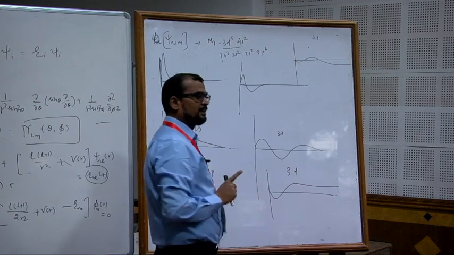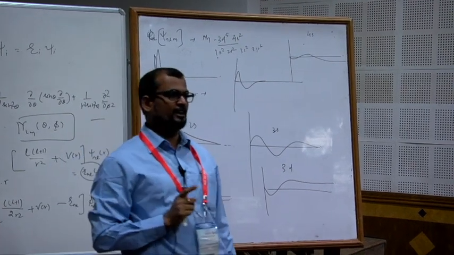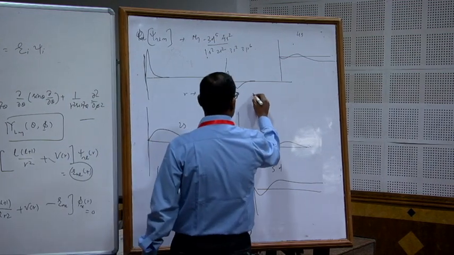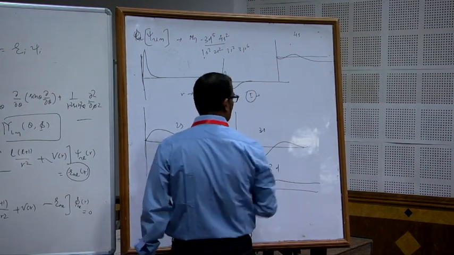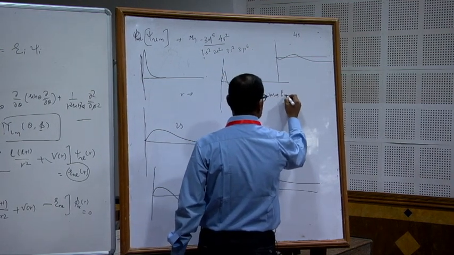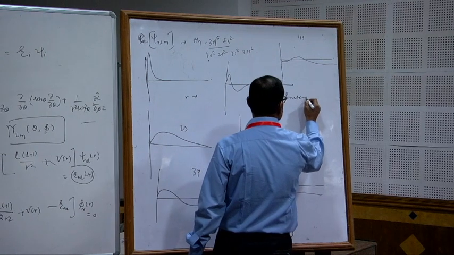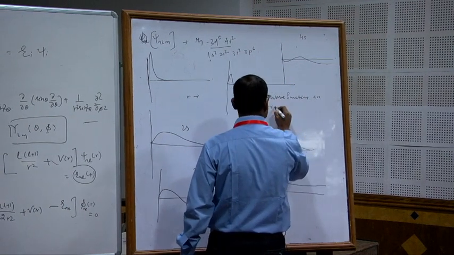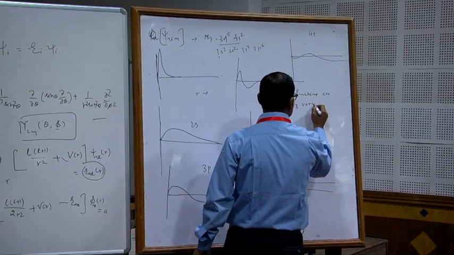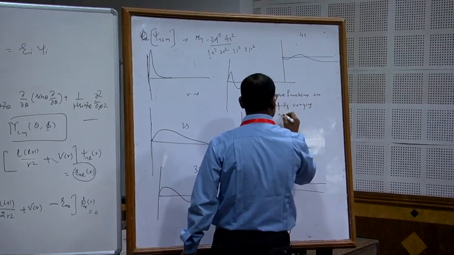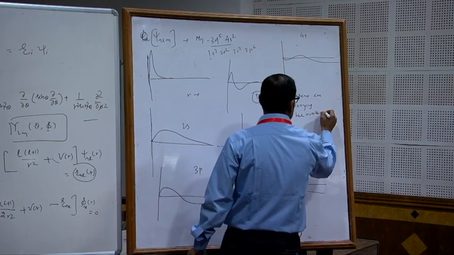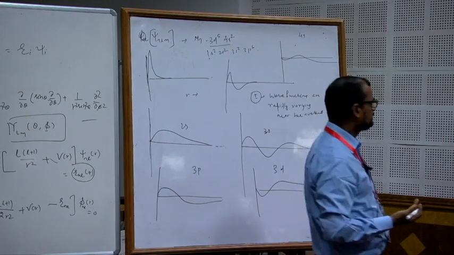So the first observation we make is that the wave functions are rapidly varying at the origin.